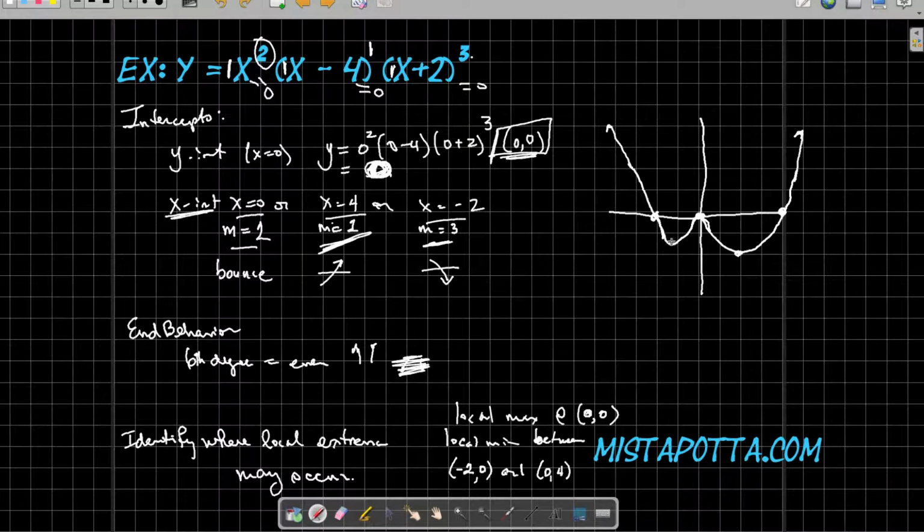I know that it has to be a transition point somewhere in between because I have to be decreasing here and I have to get to the bounce. Similarly, I have to get decreasing here and I have to get back to the pass-through. So I have to have some transition point between 0 and 4. And that's really the best that I can do at this point. But at least I can identify where extrema may occur.